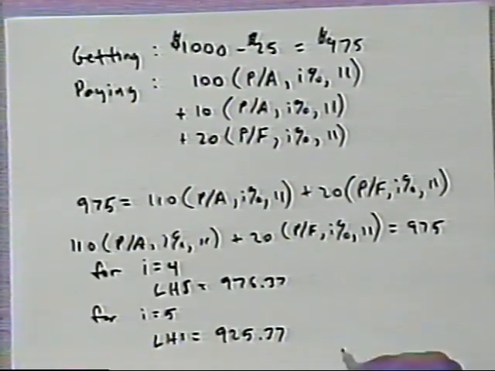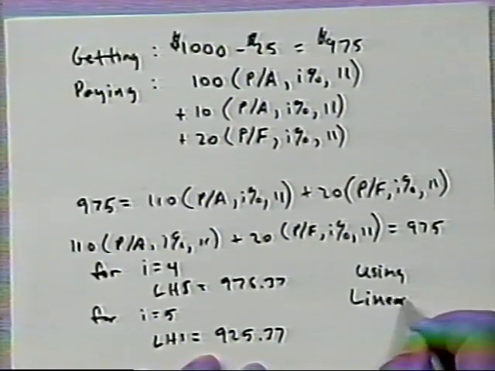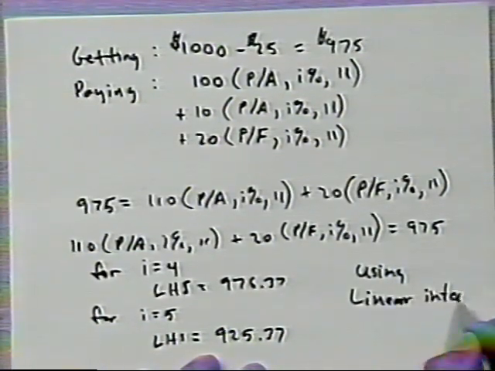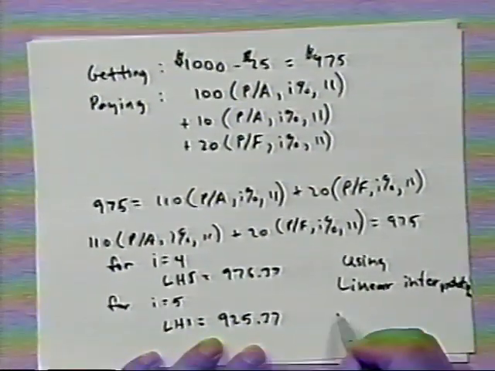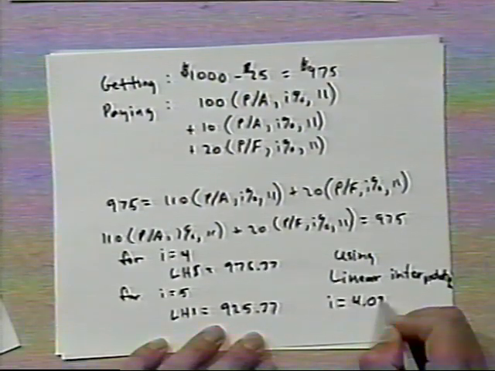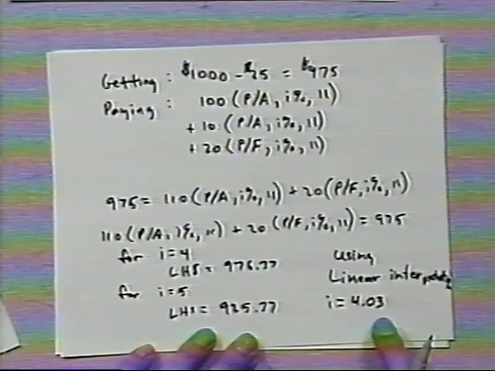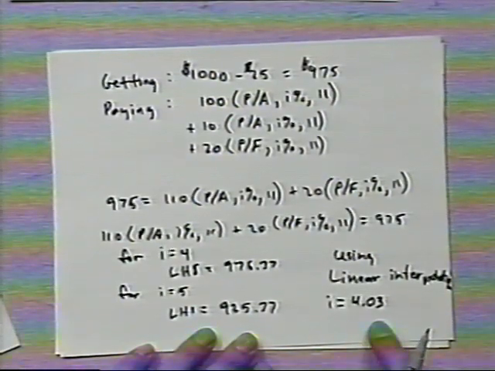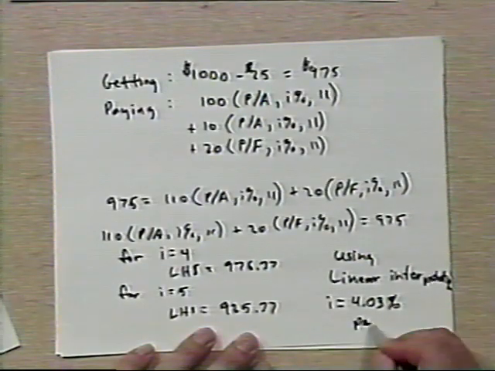We do that linear interpolation, and we get the I of 4.03. Now note again that this is 4.03 percent per month.